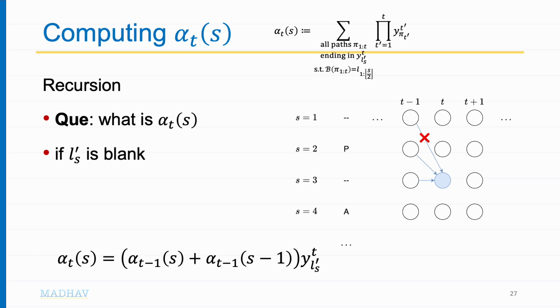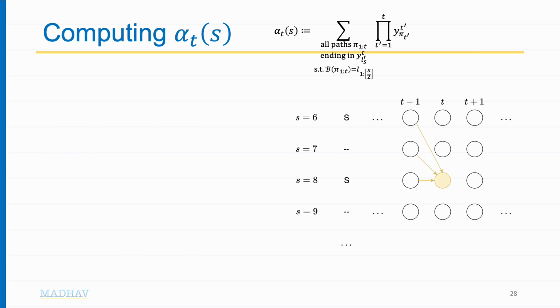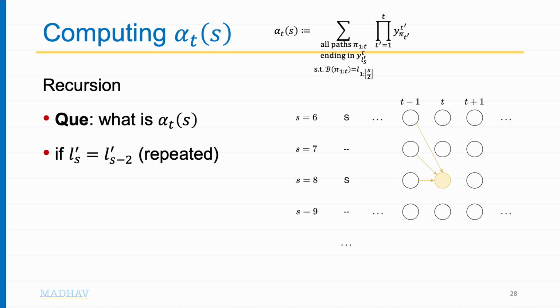That's it. Now, what about repetition? You have s, then s, PASS. So, what is alpha ts if l dash s is equal to l dash s minus 2? Or in other words, if l of s by 2 is equal to l of s by 2 minus 1.